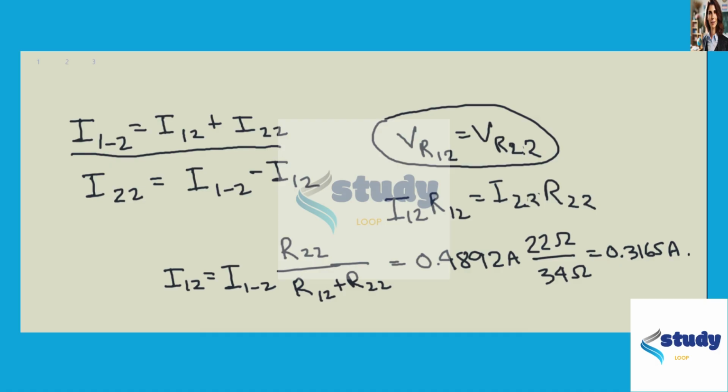From there we can substitute I22 in this expression, and once we substitute this expression in this equation and do some mathematical derivation, we get I12 as I123 times R22 divided by R12 plus R22. We know all the values, we plug in those numbers, and that way we get the current that's passing through the 12 ohm resistor.